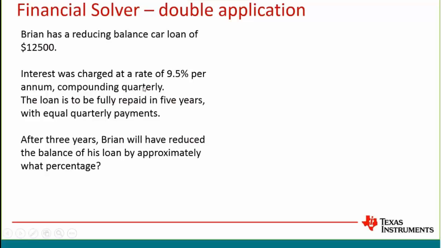If the question said how much are the payments, that's an obvious question. We could work that out. But the question is, in this case, after 3 years, not 5, he will have reduced the balance of his loan by what percentage? And so this is where this double-barrel question is bringing students undone.